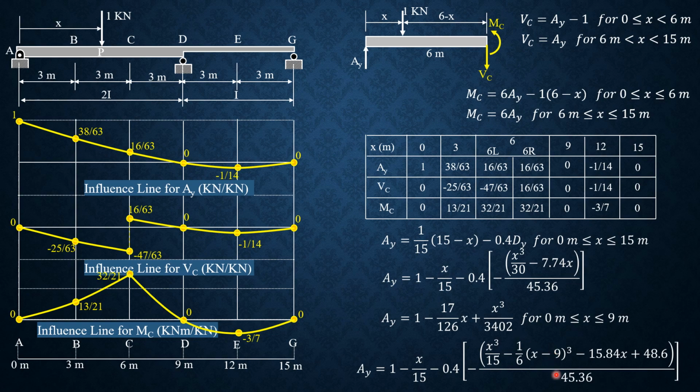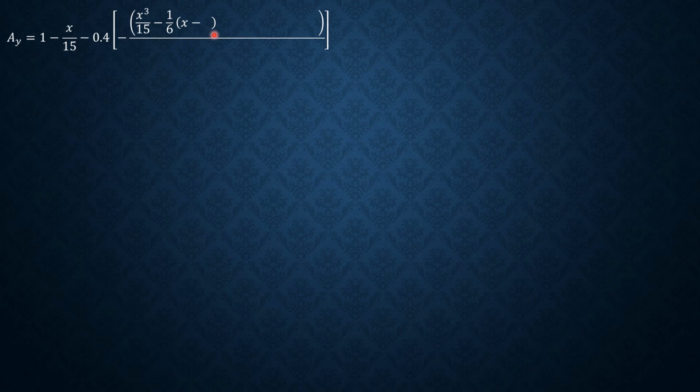So let's simplify this on the next slide. So for the expression for Ay from 9 meters to 15 meters, Ay is 1 minus x over 15 minus 0.4 of Dy, and Dy is negative quantity x over 15 minus 1 over 6 times x minus 9 cubed minus 15.84x plus 48.6 over 45.36.